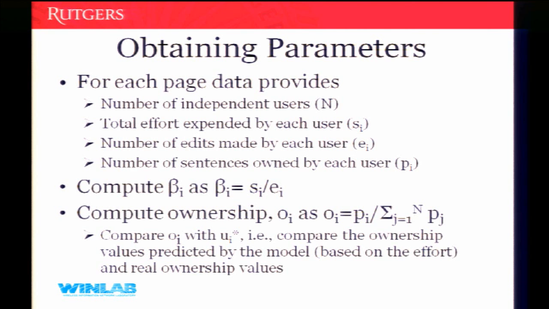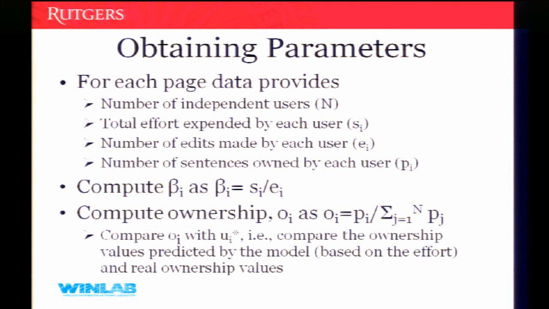So basically, okay, you have some data, and from the data, you are estimating the beta i based on looking at how much effort they put in and how many edits they made. Yes. Exactly. And then you calculate the pi also from the data. Yes.